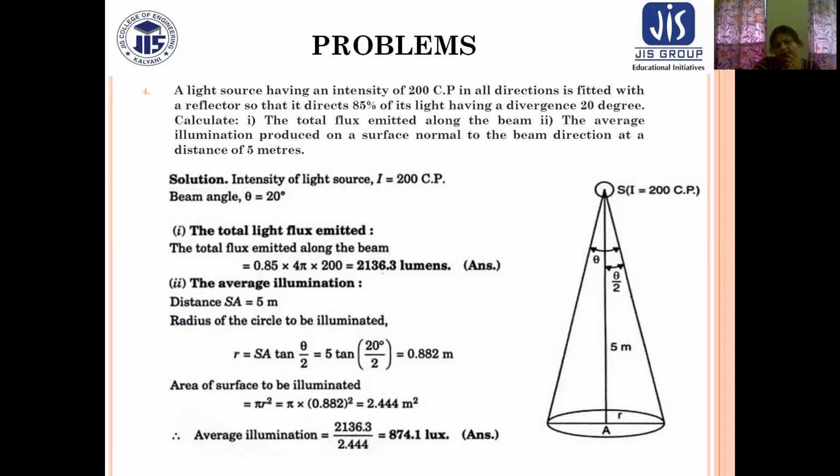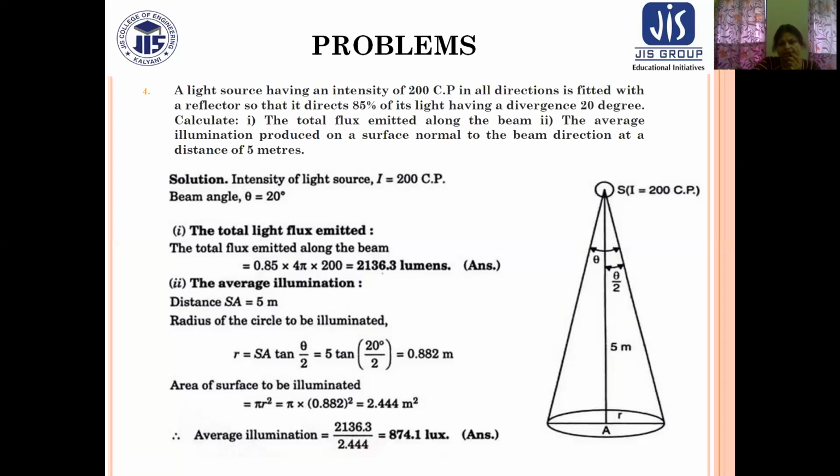Now the area of the surface to be illuminated is equal to pi r square. Pi r square is the area of a circle, that is equal to pi into 0.882 whole square, that is equal to 2.444 meters square. Okay.